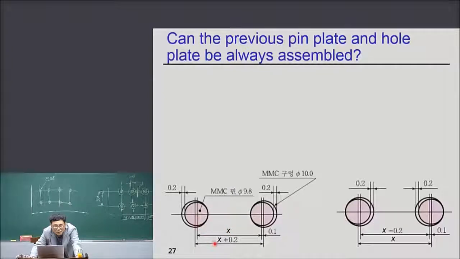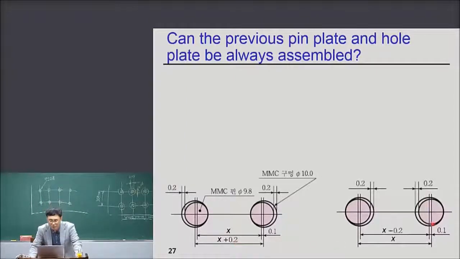Then if the center distance of the MMC hole is x plus 0.2, then it can be assembled. But if the center distance of the MMC holes is larger than x plus 0.2, then it cannot be assembled, right?